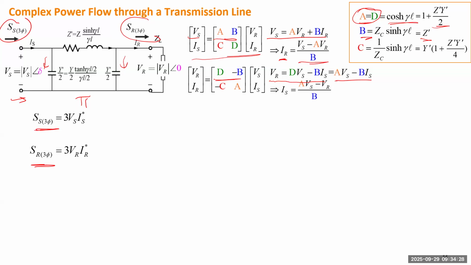If we use line to neutral voltage and line current, we need to multiply the power by 3 to give you three-phase complex power. And here we use the load voltage as the reference with angle 0, and the source voltage will have angle delta.